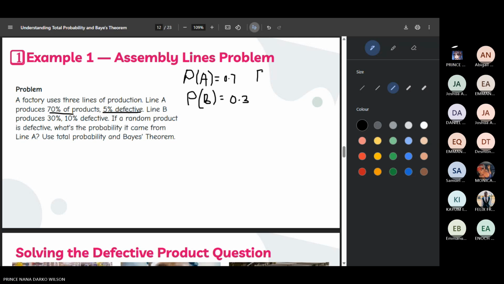In other words, the probability of picking a product that is defective given that it is from line A. Let's use D to represent that the product is defective. And that has been given as what? 0.05.